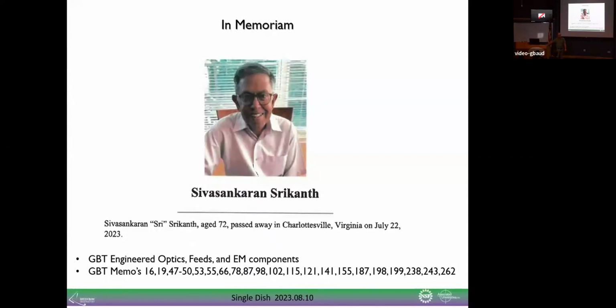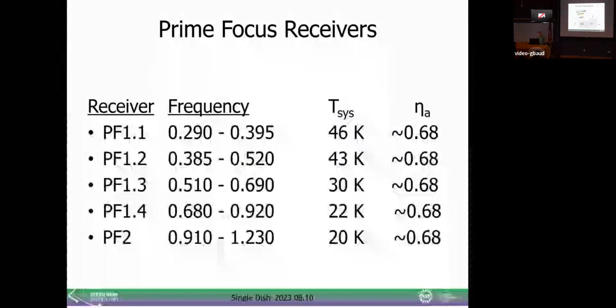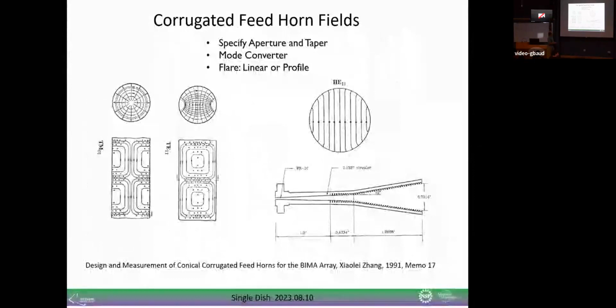There's a question online. Why are the feed horns corrugated, and how does the angle and length affect horn properties? Yeah, that's a good question. I'll just show it. So they're corrugated to get these nice straight lines on the aperture.